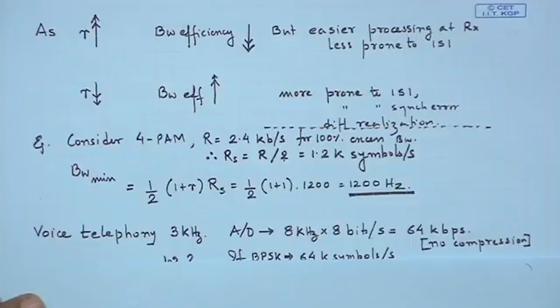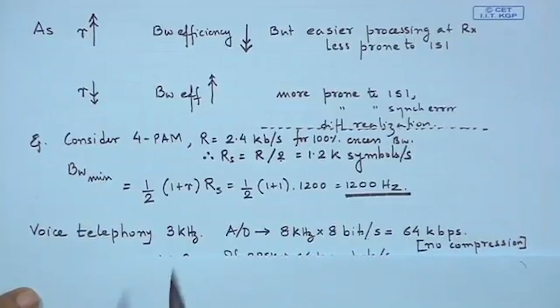So, if you extend the example to voice telephony, the bandwidth of voice typically is 3 kilohertz. If we are doing analog communication, we will need to send the signal over a bandwidth which is slightly more than 3 kilohertz.